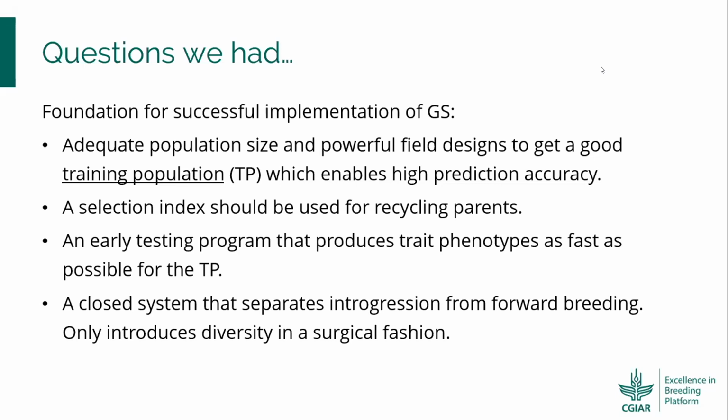And also something that is normally skipped, that is very important for genomic selection to be a success, is that you are trying to have a closed system that really separates the introgression from the forward breeding pipeline, and that basically introduces diversity in a surgical fashion.